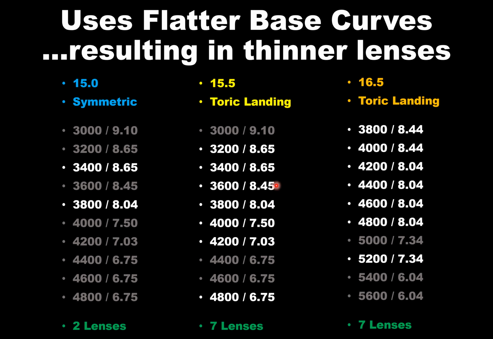You're going to be using typically flatter base curves of lenses. That reduces the lens power, and it also reduces the thickness of the lens, creating, of course, better oxygen permeability. So this is a really smart feature of the SmartLens, that we're using much flatter base curves for each of our sagittal depths of lens.